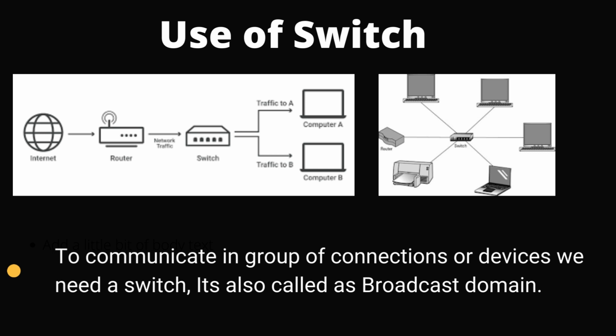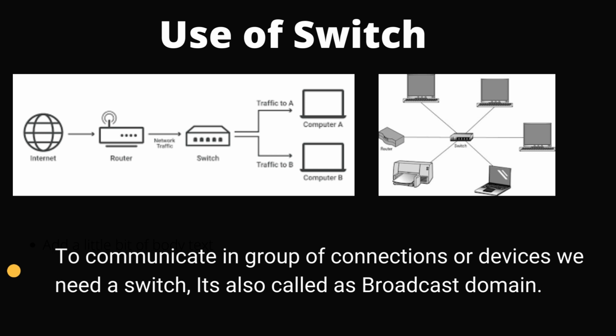If there are machines in a single group and they want to communicate, they can't directly connect cables to individual machines. If there are 100 machines, we can't connect a cable to each machine, right? So we use a centralized device that helps us communicate with all the devices.